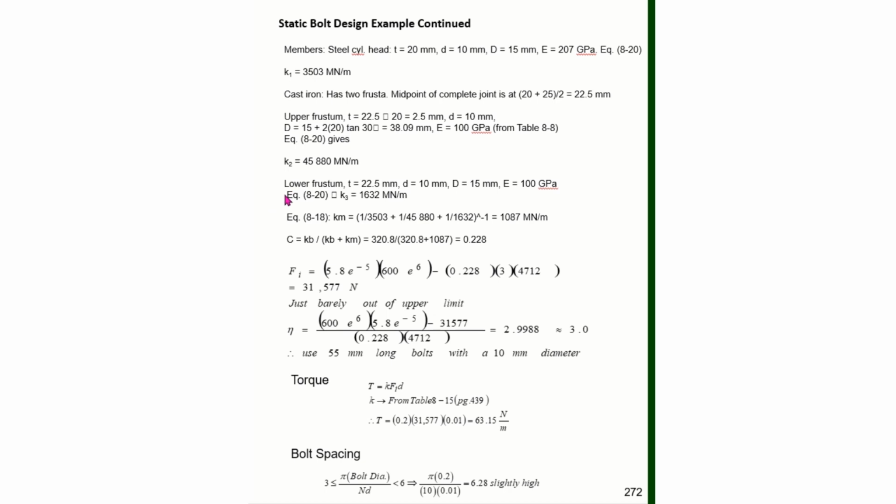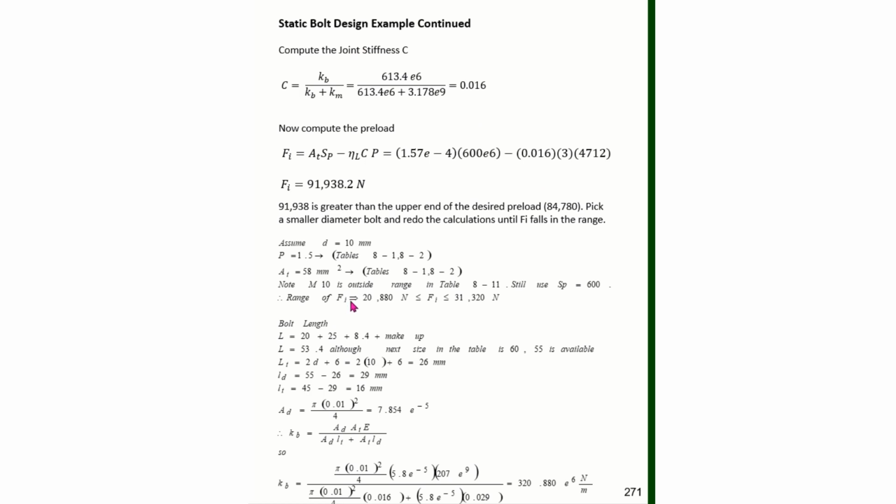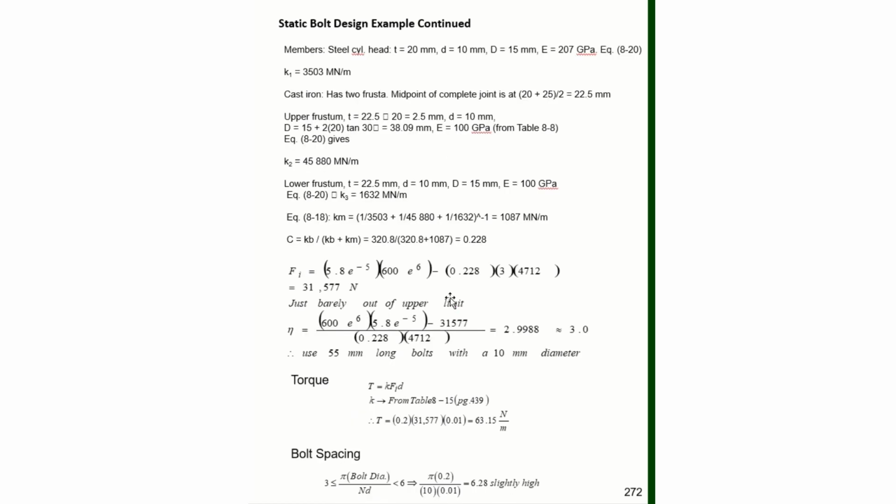And then we have to compute our preload again. This time, when we computed the preload, we have 31,577 newtons. And the new range for the preload that we computed back here was 31,320 for an upper bound. So we can see that we are just barely outside the upper bound limit.